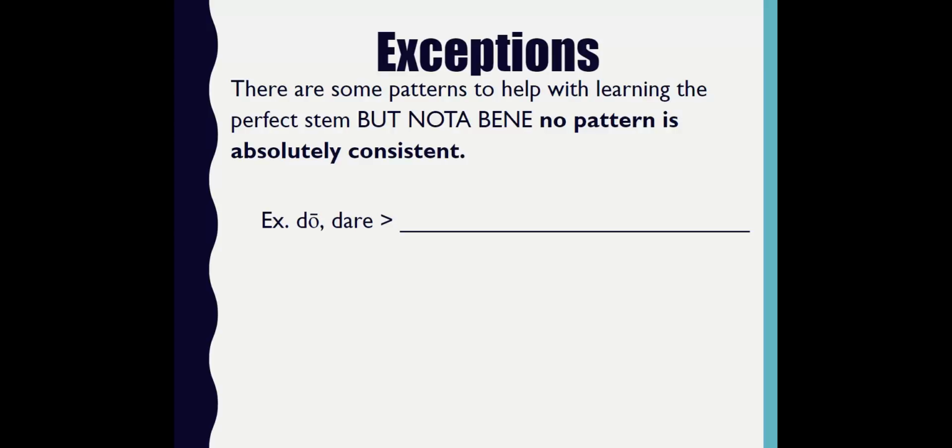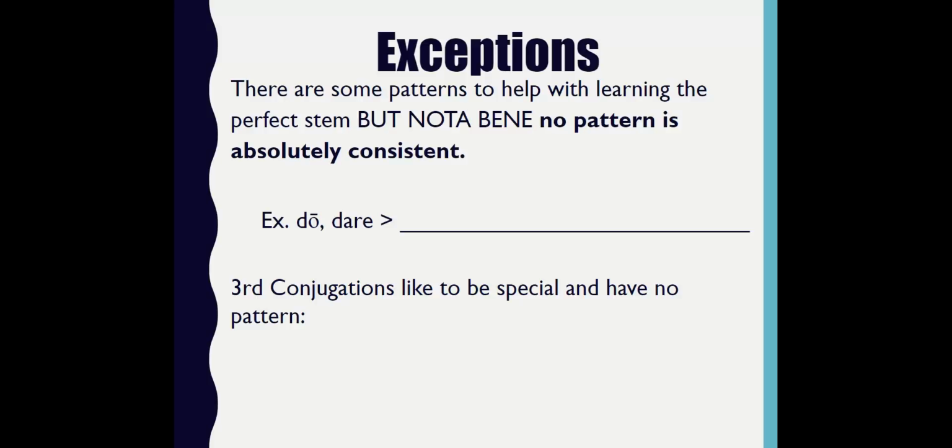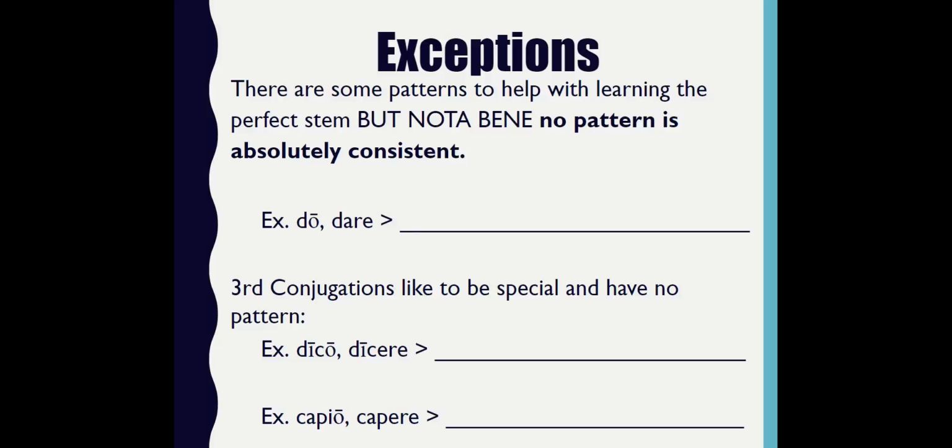For example, a first conjugation verb, do, dare, its third principal part is actually dedi. No real rhyme or reason there. It is dedi. All right.